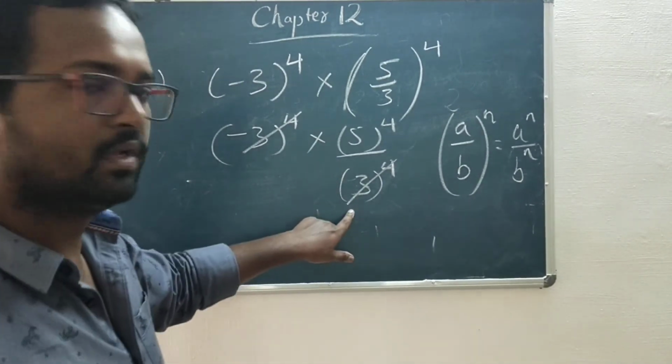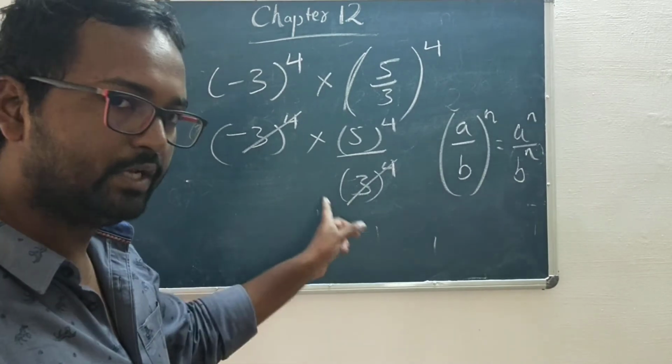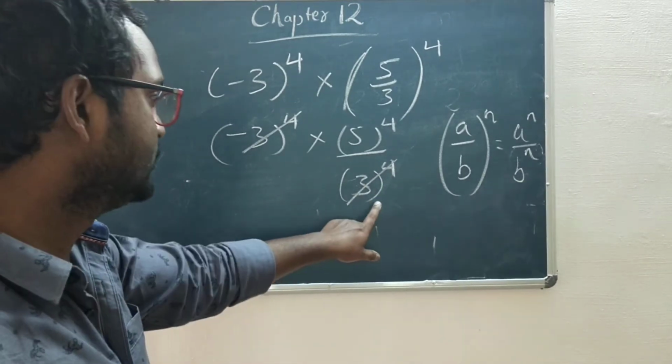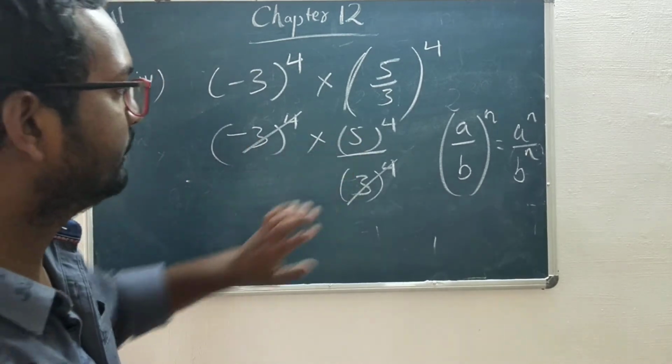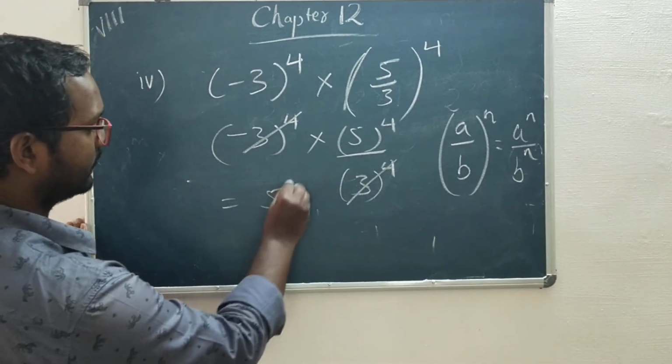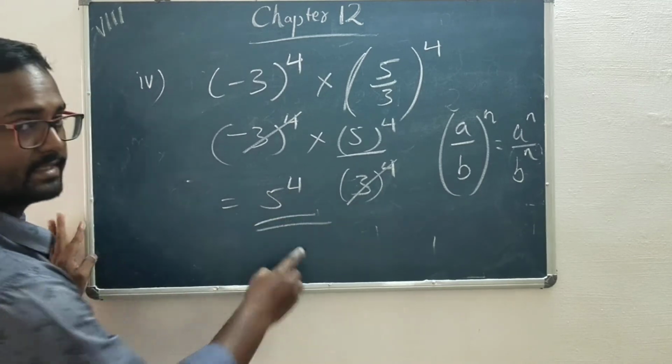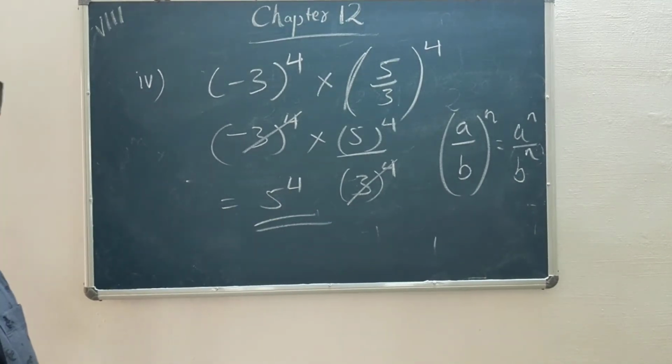Similarly, here also 3 into 3 is 9, 3 into 3 is 9, 9 into 9 is 81. So this is 81, this is 81, we can cut them. And what is left with us is 5 to the power 4. So this is our final answer. Okay, I hope you all understood this one.